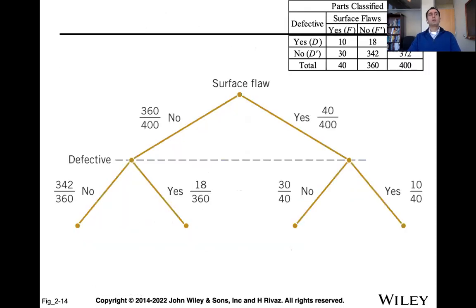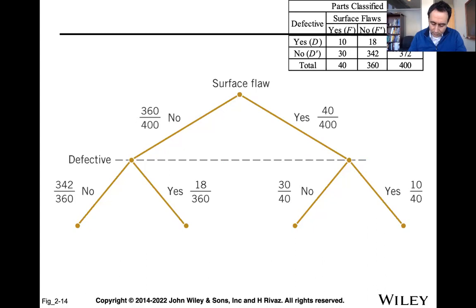Okay, so I mentioned in the first class that trees are very good tools to solve probability problems, because they give you a visual way. So we can solve the exact same question using this tree graph. At the root, I have two outcomes.